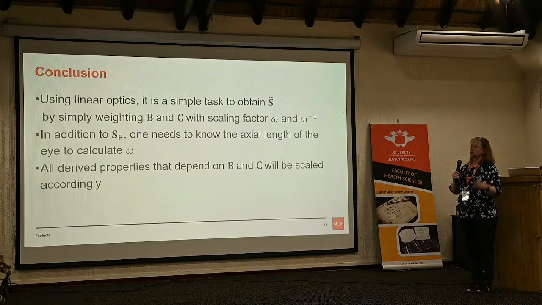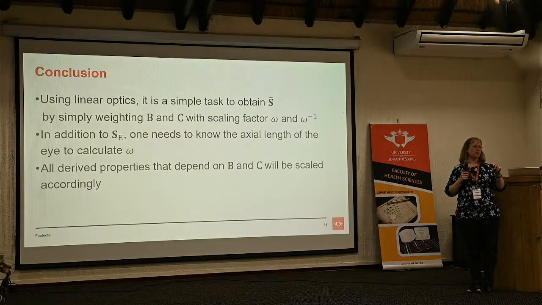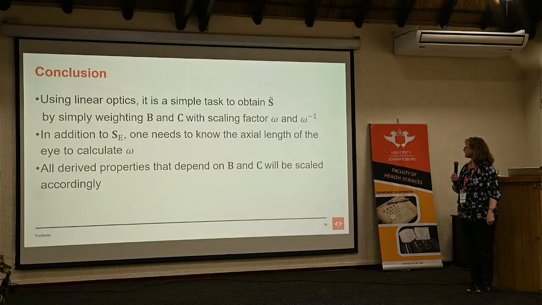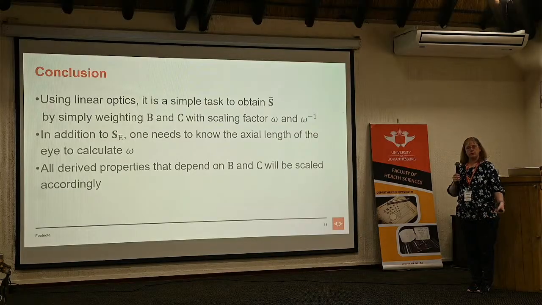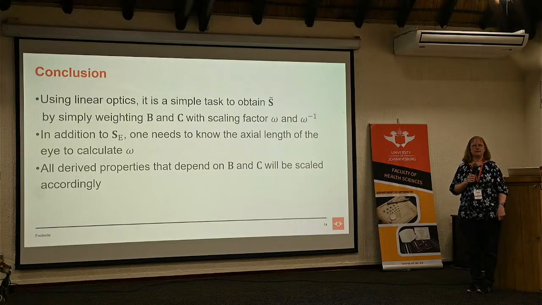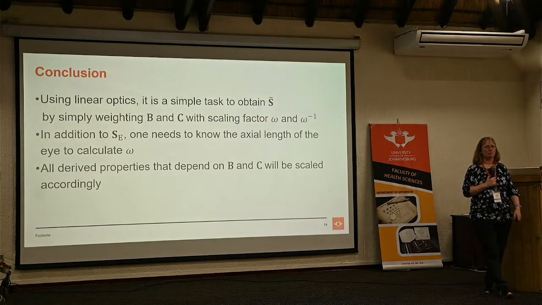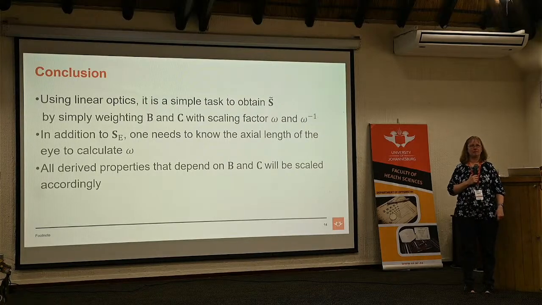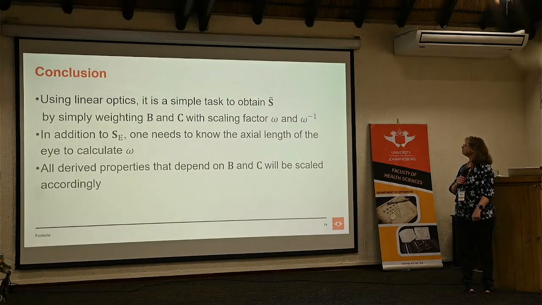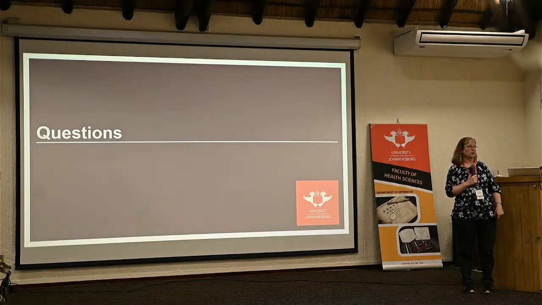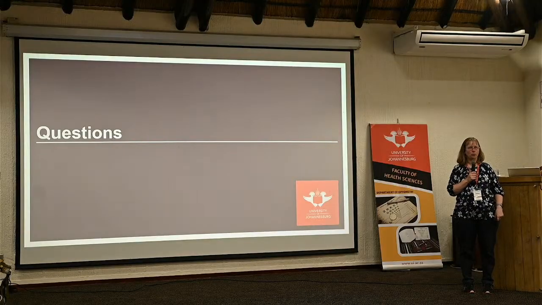And in addition to the transference, we do need to know the axial length of the original system, and it's only B and C that are affected, A and D not affected. Any questions? Well, you either all understand it perfectly or you're all bamboozled.